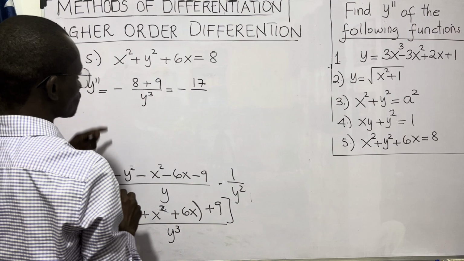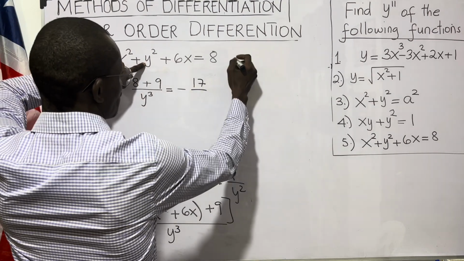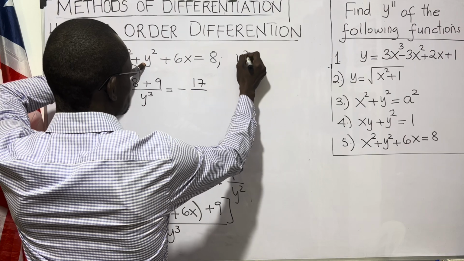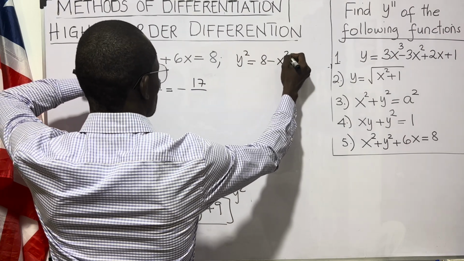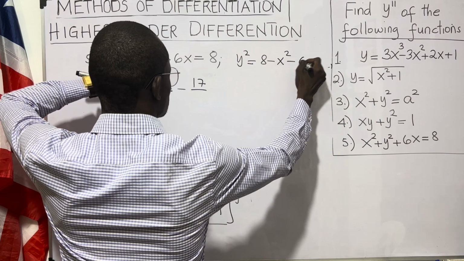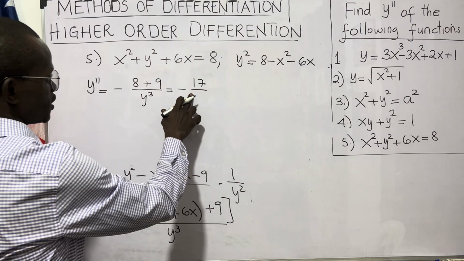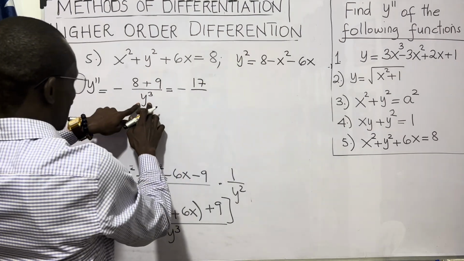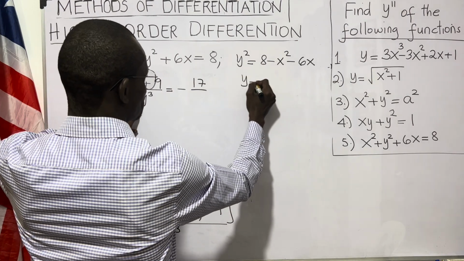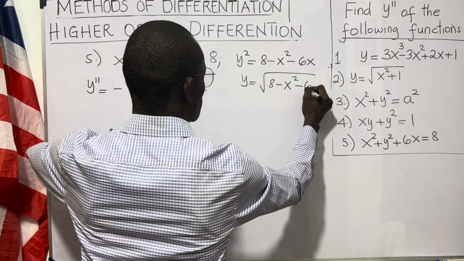But this y cubed, we can solve for. If we solve for y squared, it is just equal to 8 minus x squared minus 6x. That is our y squared. So put in y squared, right? Then y would just be equal to the square root of 8 minus x squared minus 6x.